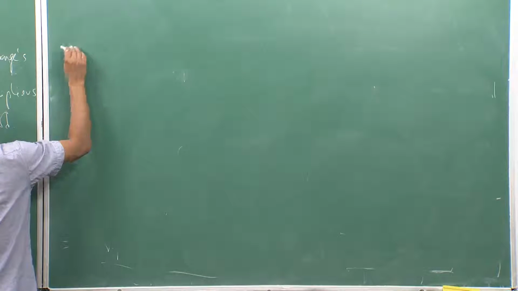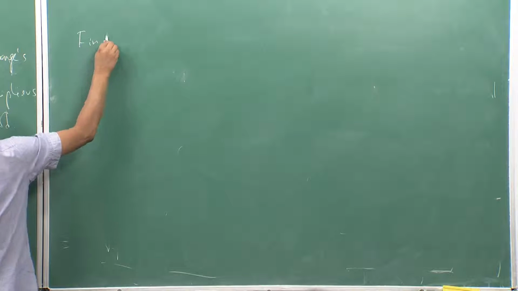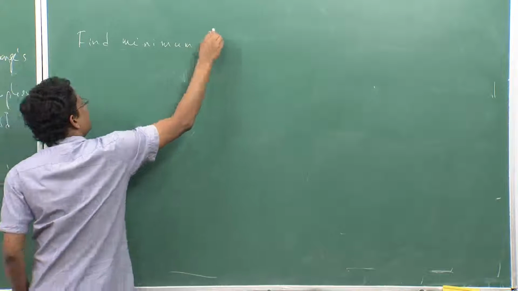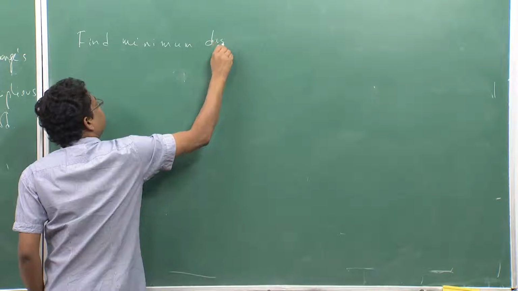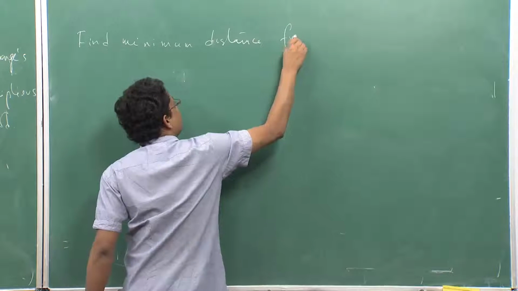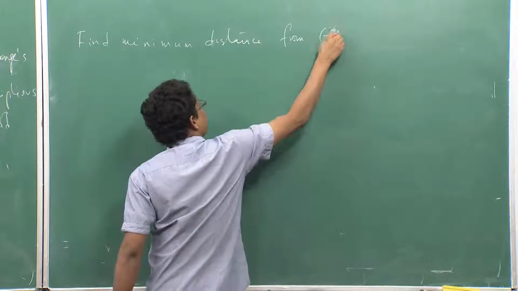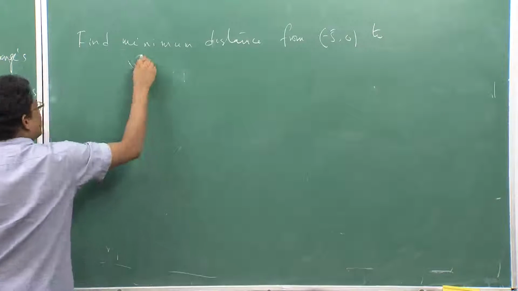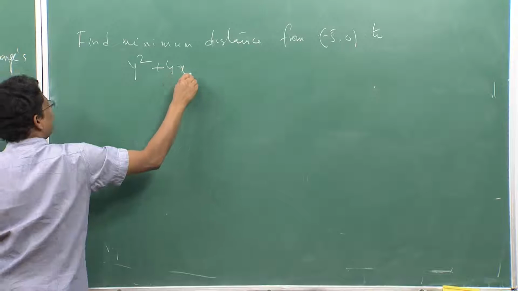Recall. So, find the minimum distance from the point (minus 5, 0) to the parabola y square plus 4x equal to 0.